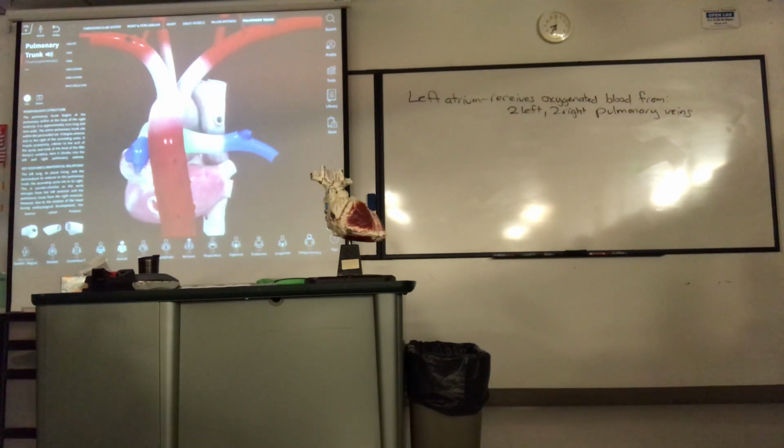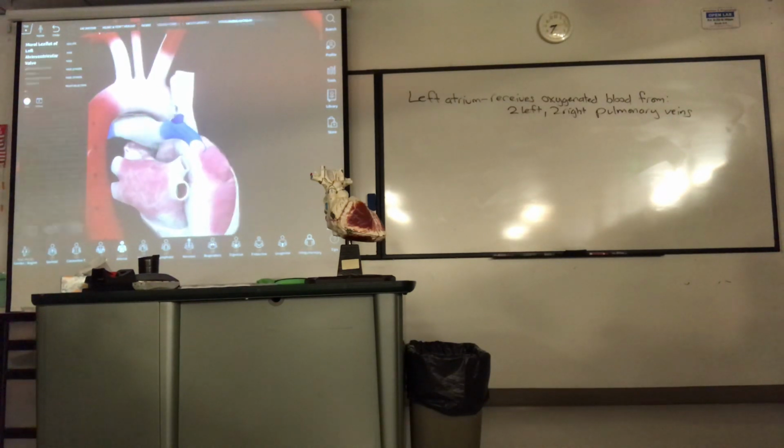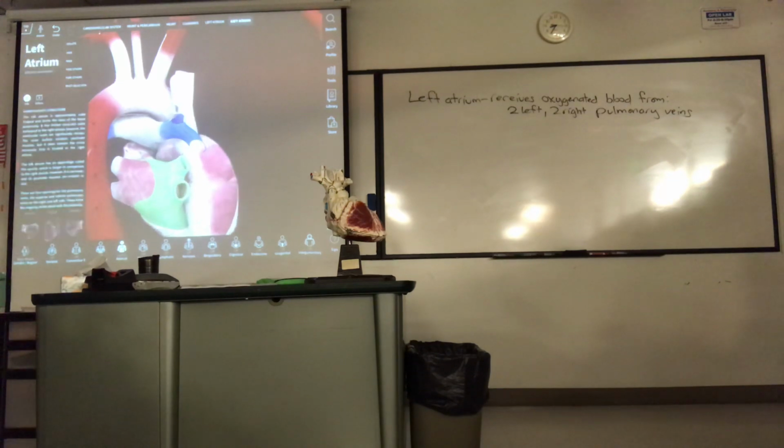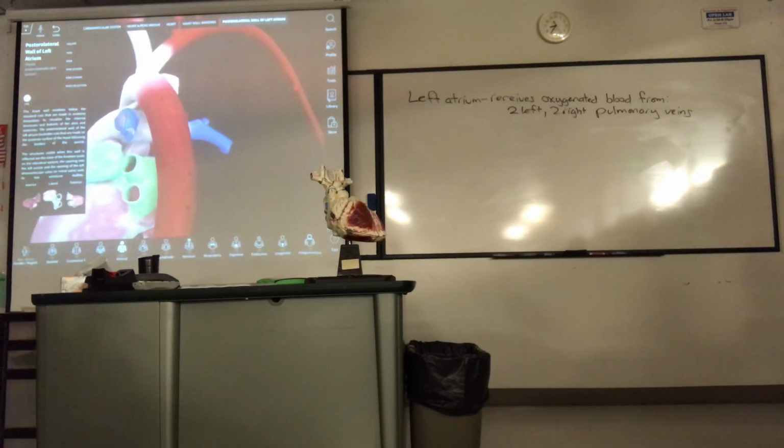Okay. And then once you get oxygenated, you have to return that oxygenated blood back to the left heart. There you go. There's 2 of them on the right side. There's the other 2 pulmonary veins on the other side. Okay?